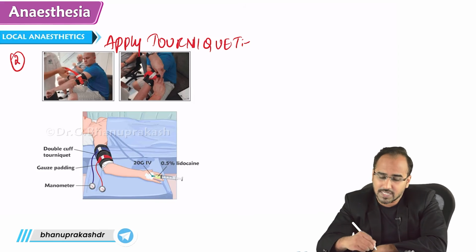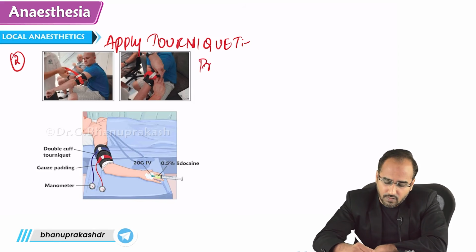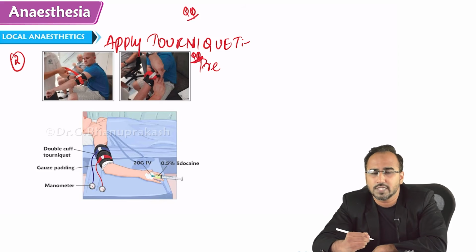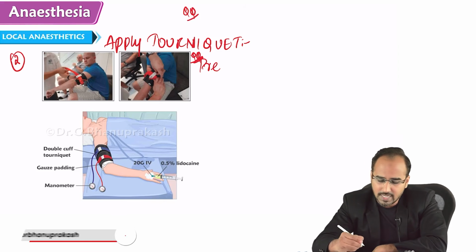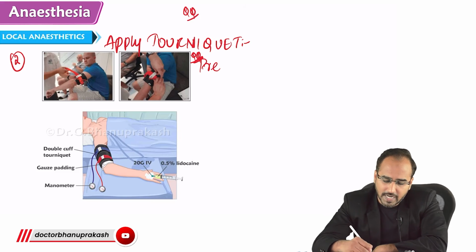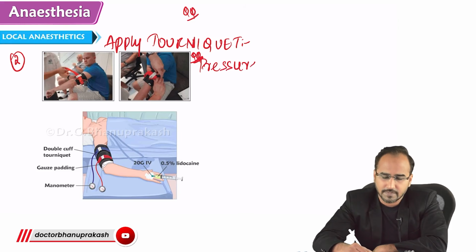What is the pressure? This is very important, guys. Whenever I am writing this QQ, it was asked as a previous year's MCQ. So while applying the tourniquet, what should be the pressure?